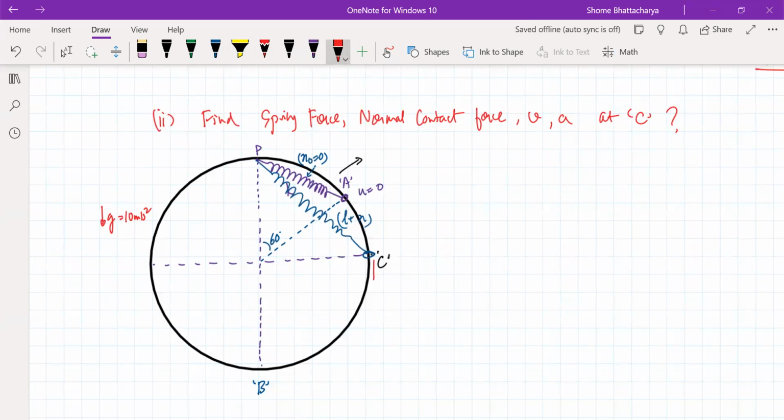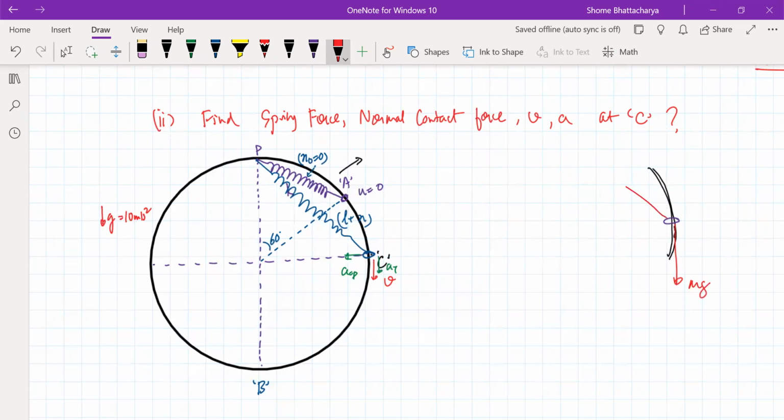The particle has a speed v like this, and therefore it has a combination of centripetal acceleration and tangential acceleration. So when we look at the free body diagram of the particle, or the ring rather, it has mg acting vertically downwards.